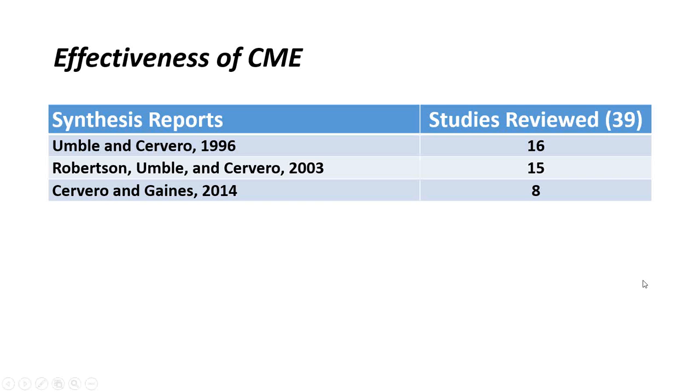You can see that Humble and Severo reviewed 16 studies in their 1996 article. Robertson was added to that team in 2003, and they reviewed an additional 15. And then Severo and Gaines reviewed 8 systematic reviews that were published since 2003.